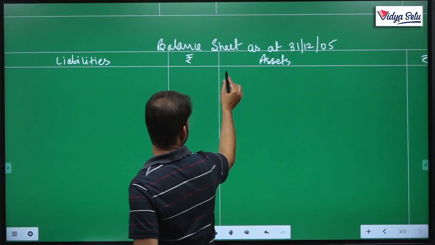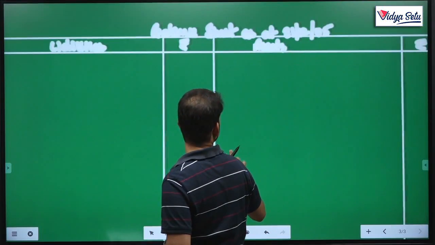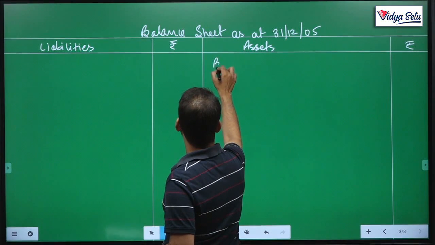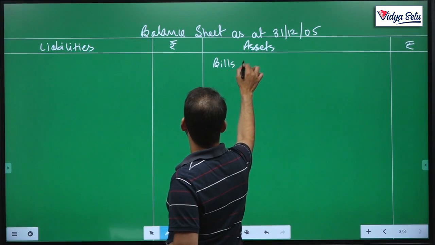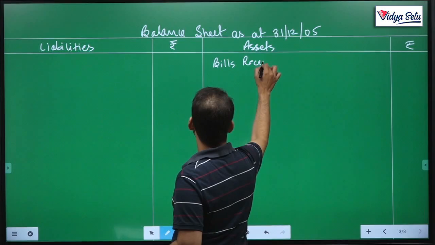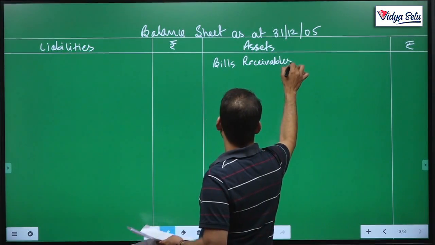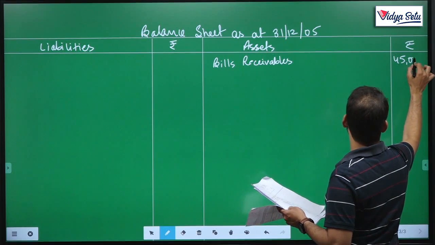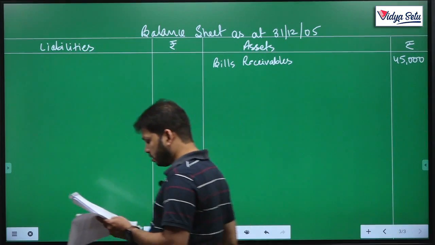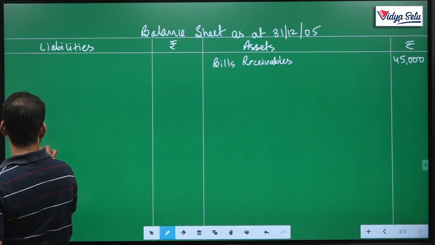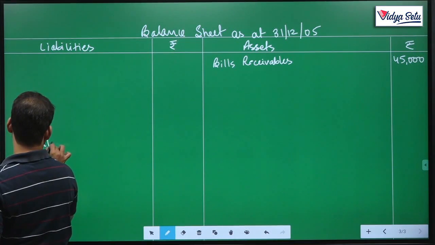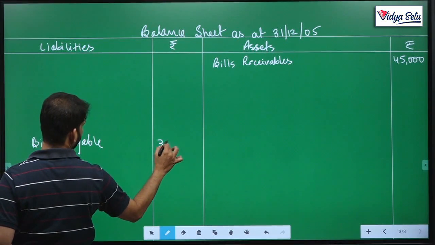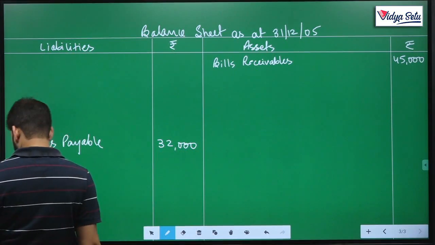Bills receivable, bills payable are our assets and liabilities, so they'll go there. Bills receivable 45,000. Bills payable 32,000.